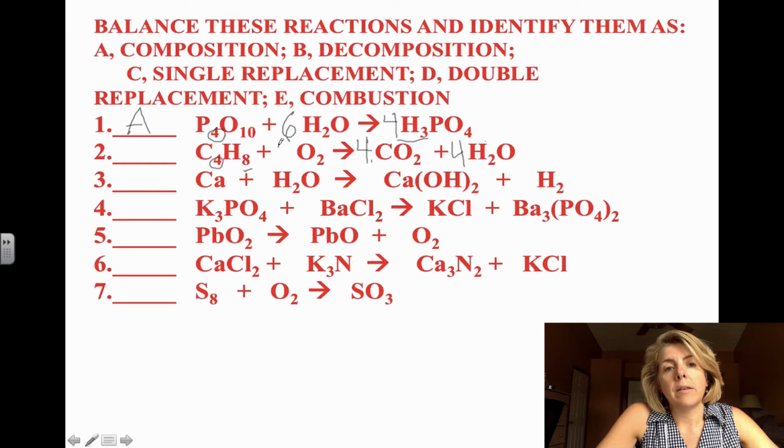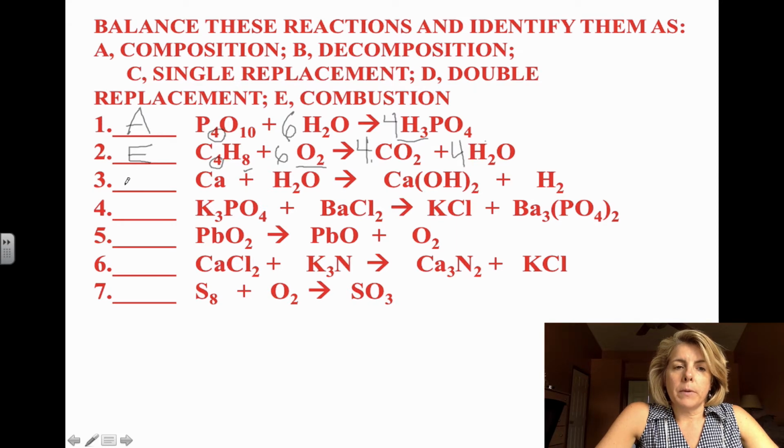So I want to put a 6 in front of this oxygen to balance it out. Okay, so this is a balanced equation. The question is, what kind of reaction is this? Well, notice that I have oxygen here. That's a good clue that tells me I must be dealing with combustion. And sure enough, I am.